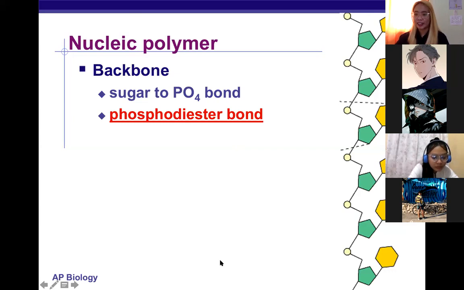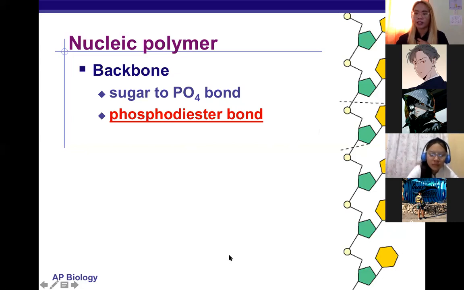Okay, so sige, anong bonds ang found between, it starts with a letter G. O hint. Starts with a letter G. Sige, Jordsen. Glycosidic bond? How about for lipids?